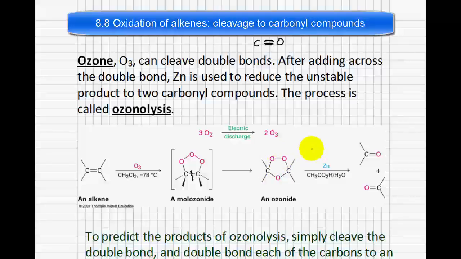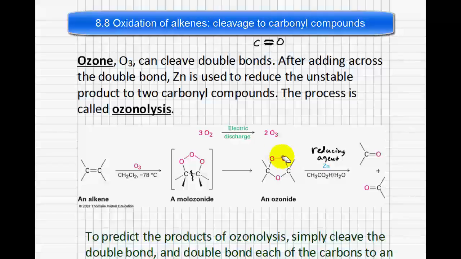What you can do is use a reducing agent like zinc in order to break the CO single bonds and replace them with double bonds. So it's an overall reduction, because not only are we breaking 2 CO single bonds, we're also breaking an OO single bond as well.